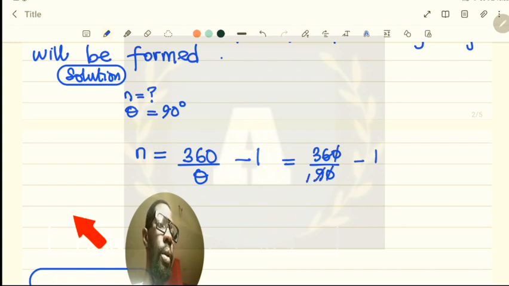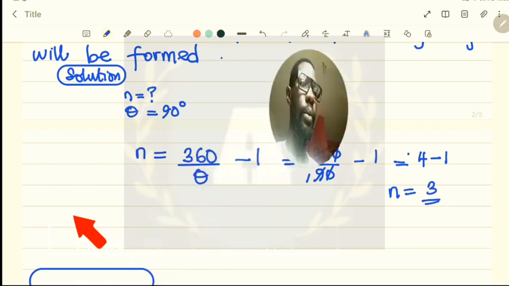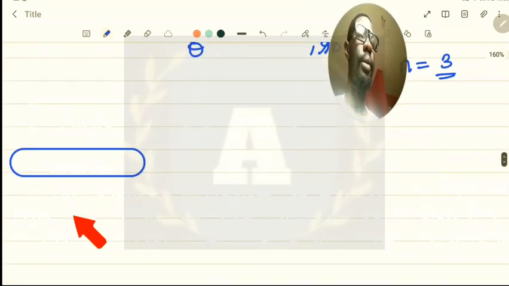So we have 4 minus 1. So the number of images formed with respect to the question is 3. So that justifies that.